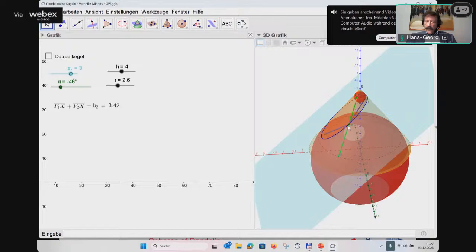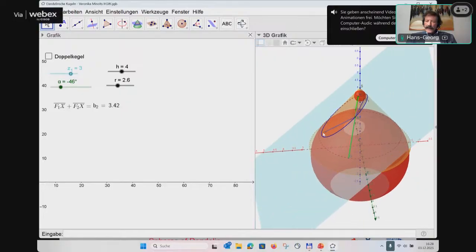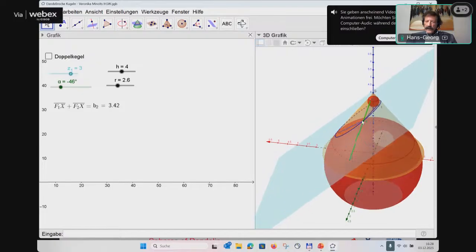And if you look at this point, this is a point on the ellipse. And so this line and this line are tangent lines to the sphere, and so they have the same length. So F2 to this point here is the same as this distance. And it's the same for the other point.